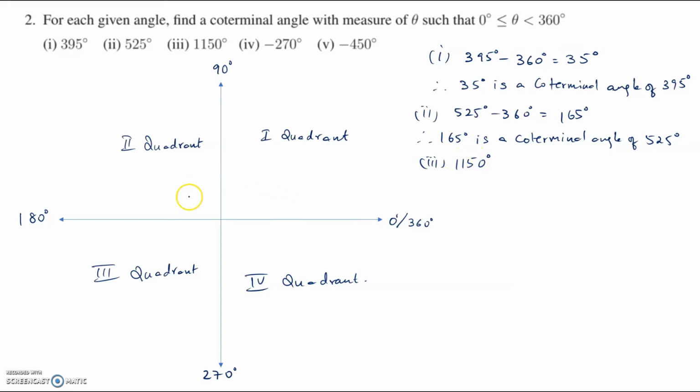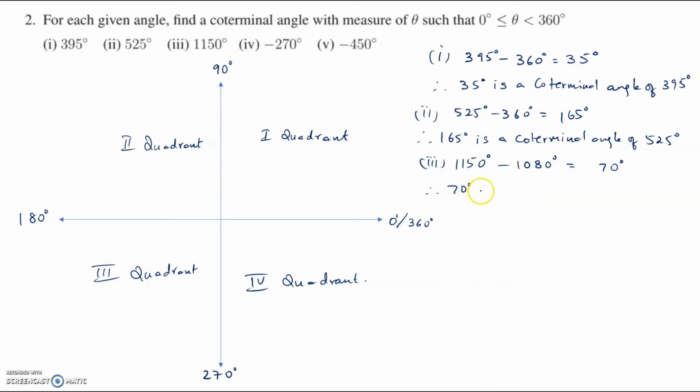Now we know one full cycle is 360, 2 cycles will be 720, and 3 cycles will be 720 plus 360, which is 1080. So if we subtract 1080 degrees from 1150, then your answer would be 70 degrees.